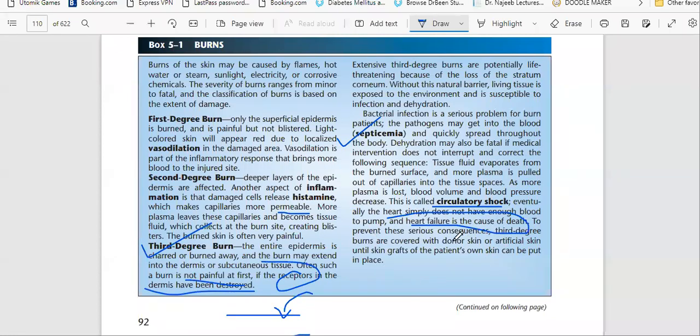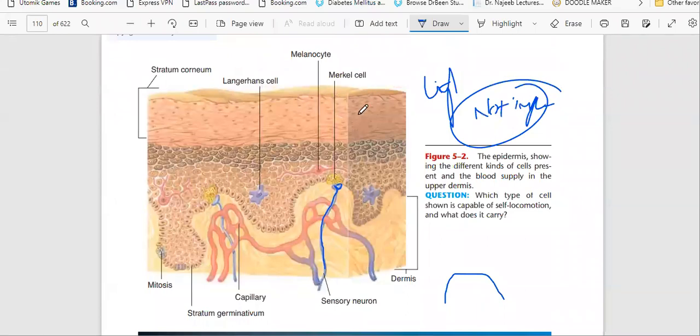To prevent these serious consequences, third degree burns are covered with donor skin or artificial skin under skin grafts, so the patient's own skin can be put in place. In the third degree, they will do grafting.